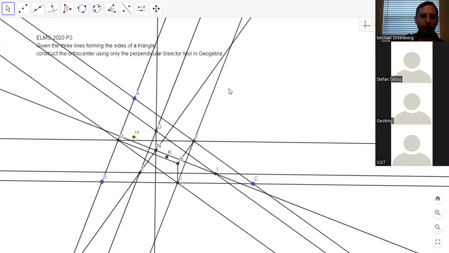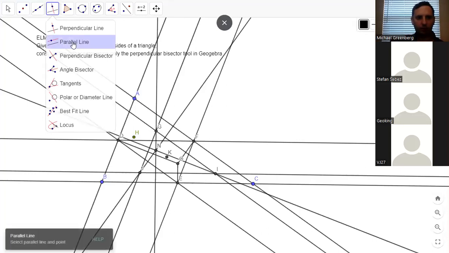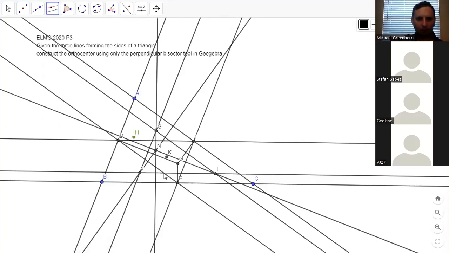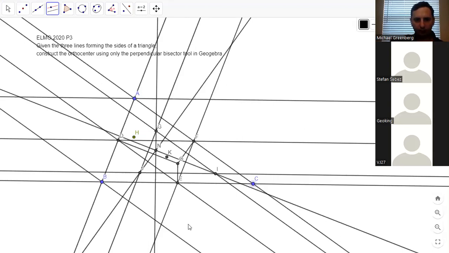So here's what I'm going to try. What if I draw that triangle that I said, where we know that H is the circumcenter of this circle, but maybe there are other points on that circle that we could construct.